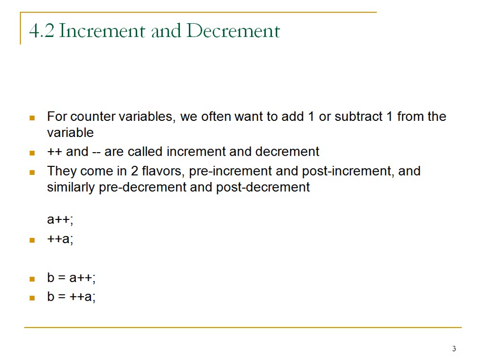And if we write b gets plus plus a, that's a pre-increment, and we're going to add 1 to the variable a, and then use that new value in the rest of the statement. So a post increment and a pre-increment.